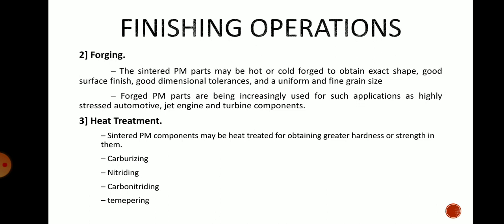For these purposes we require heat treatment. Sintered powder metallurgy parts may be heat treated to obtain greater hardness and strength. This is also included in the secondary finishing operations.